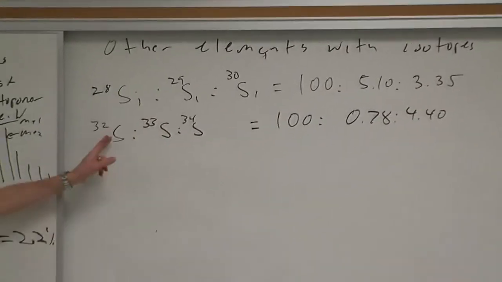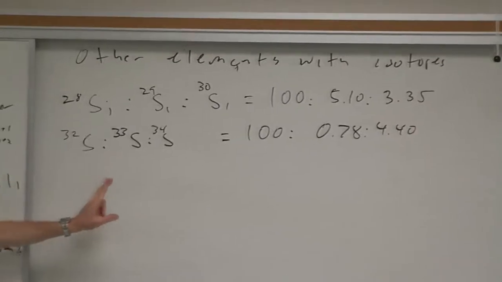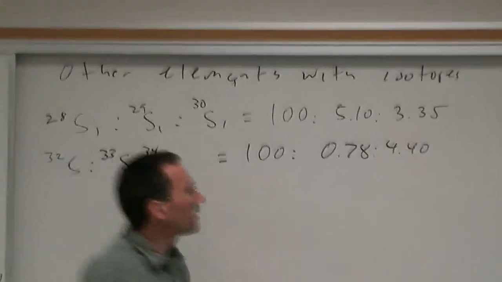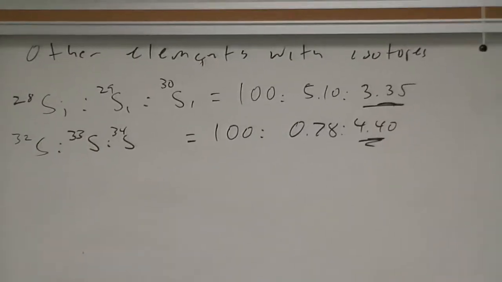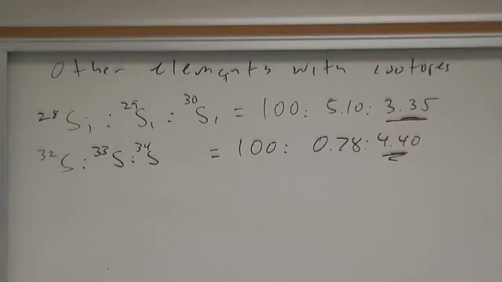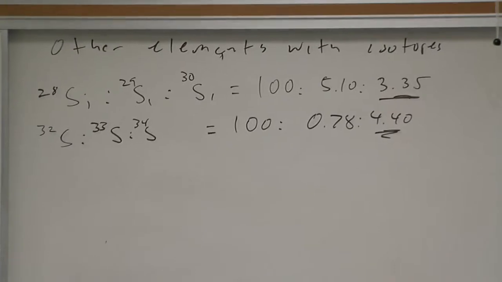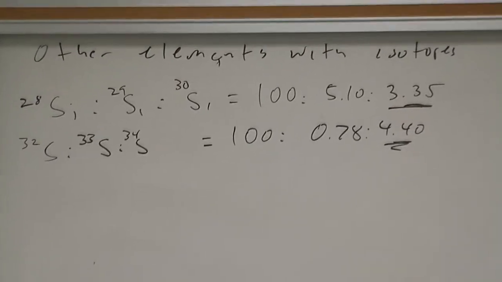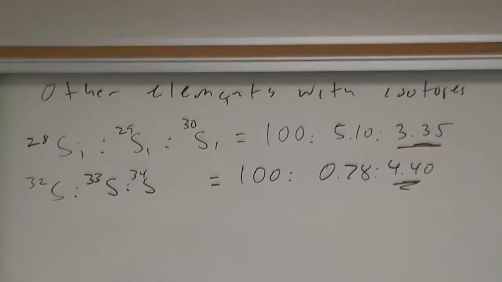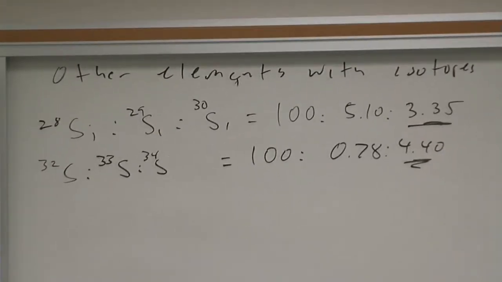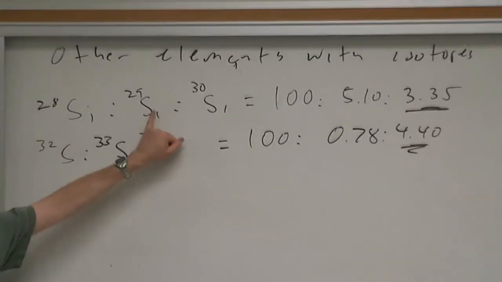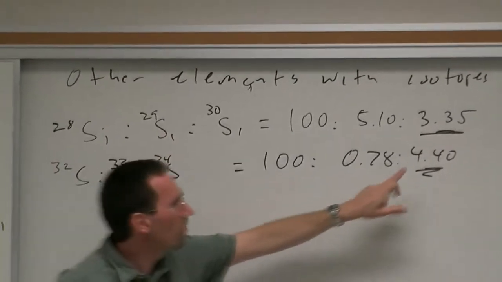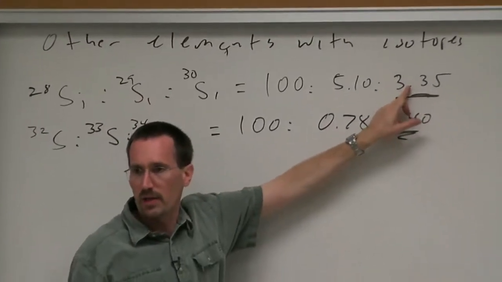Now, what's interesting about sulfur and silicon is if you look at them, they can whisper in your ear. Because for a small molecule with just a few carbons in it, you're not going to see a significant M+2 peak. But if that molecule has a sulfur in it, or if it has a silicon in it, you'll be able to pick out a little M+2 peak.